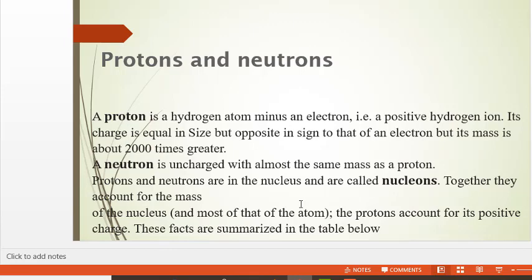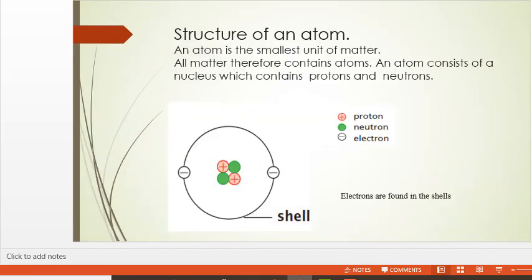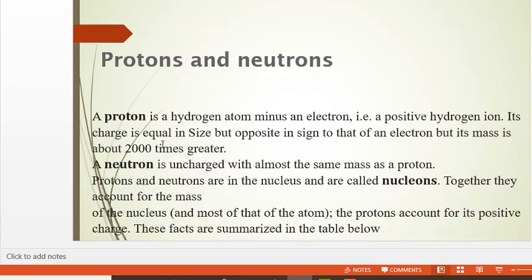So together they account for the mass of an atom. Like earlier said, the mass of an electron that is found outside the nucleus is negligible, because as you can see, the mass of a proton or the mass of a neutron is 2,000 times greater than the mass of an electron. So in terms of contributing to the mass of an atom, the mass of an electron is negligible.